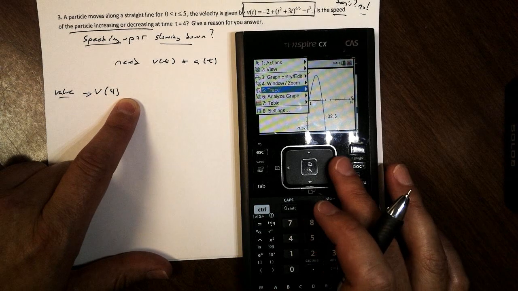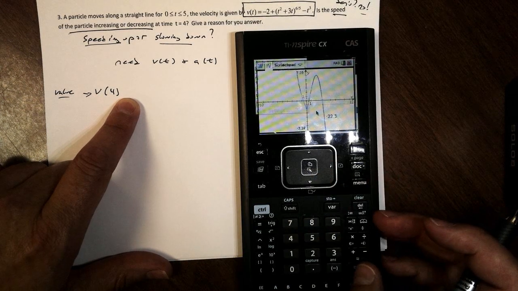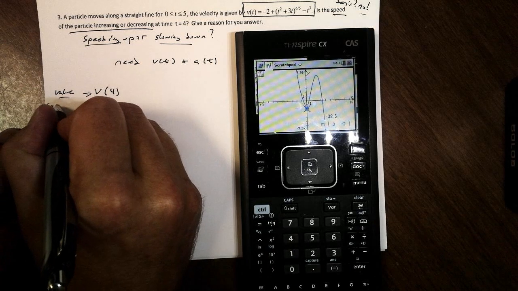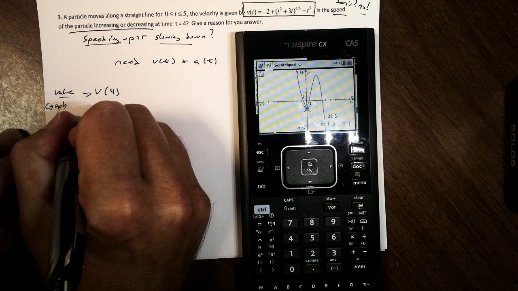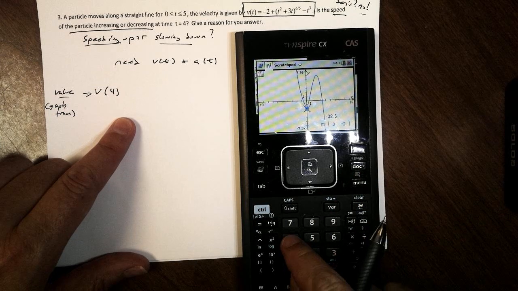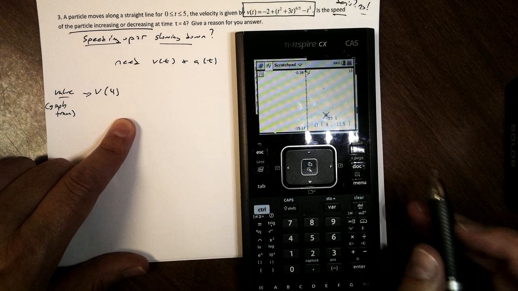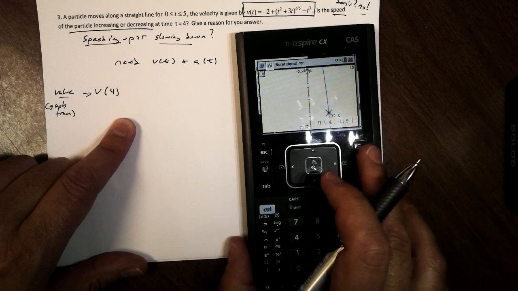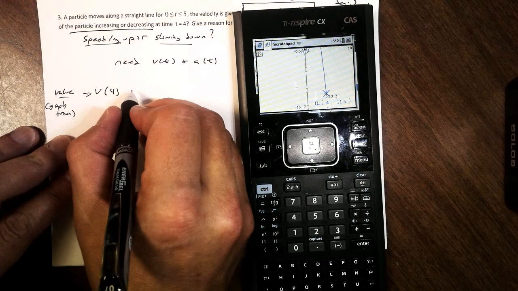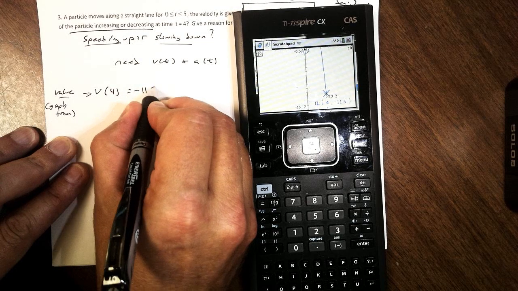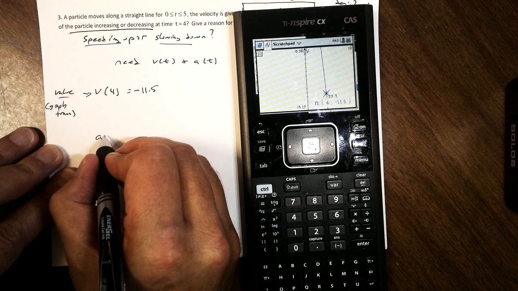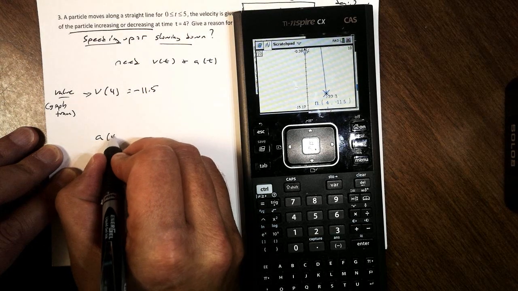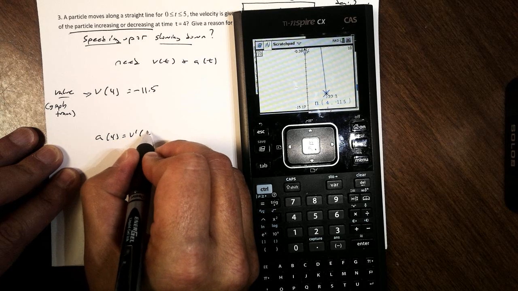Menu, trace, graph trace. Remember, this is our graph trace feature on our calculator. Type in 4, press enter, and it gives me negative 11.5. Next, I need my acceleration at 4, which is my derivative at 4.